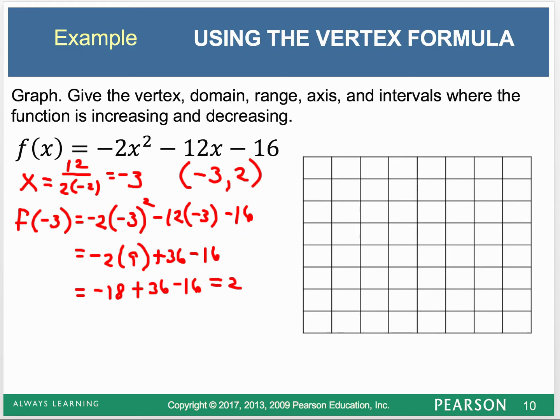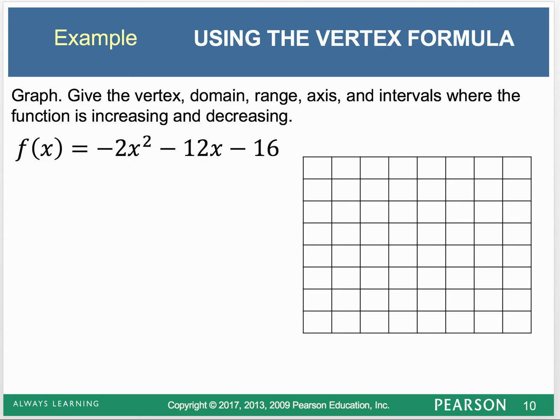All right, I'm just going to get rid of all that so I have space. Negative 3, positive 2 is my vertex. What happened to my... like that?